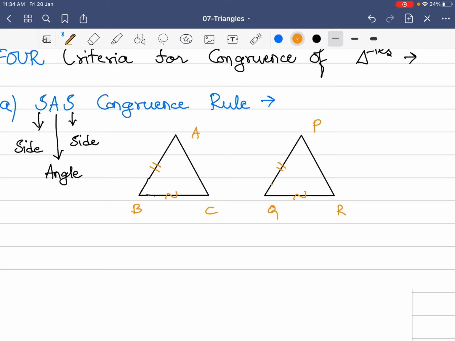And if I tell you that angle A is equal to angle P, now this does not fall under SAS rule. In SAS rule, the angle should be included between these two sides. If the angle is somewhere else, then you cannot apply SAS rule. So that is a very important point.